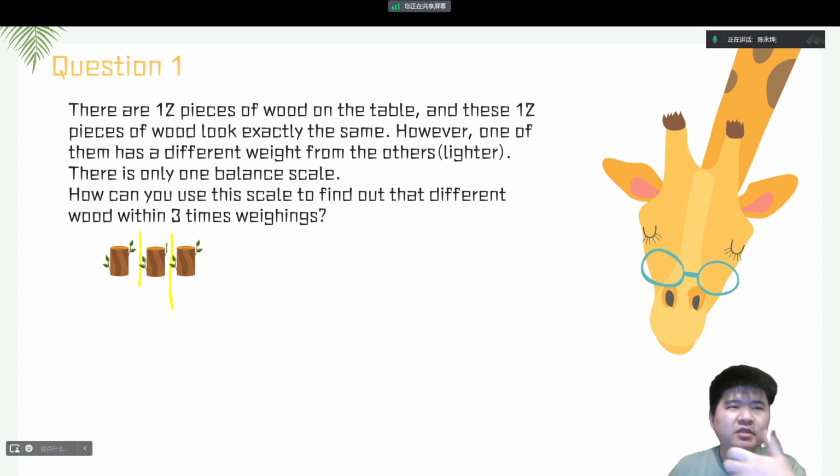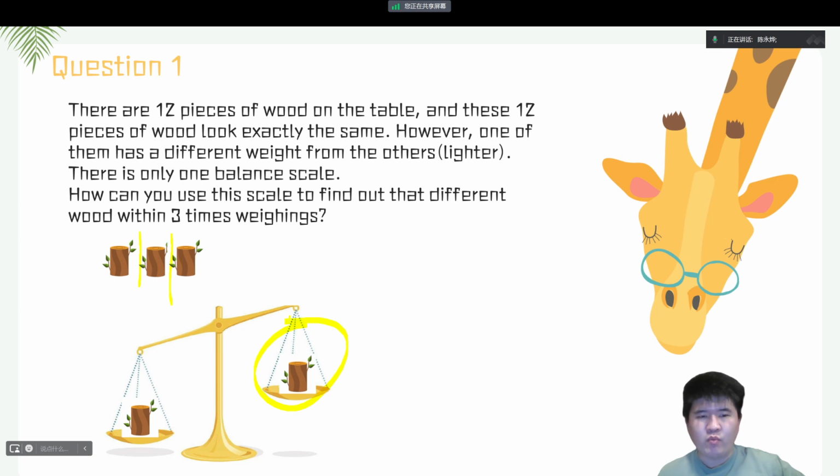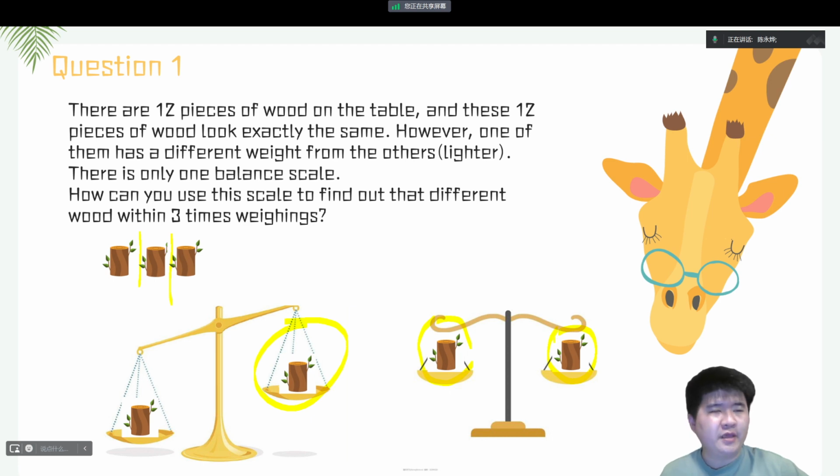If these 2 are not balanced, one is lighter and one is heavier, and the lighter one must be the thing we want. In another situation, if these 2 balance, one on the right and one on the left, totally the same, where will the different one be?